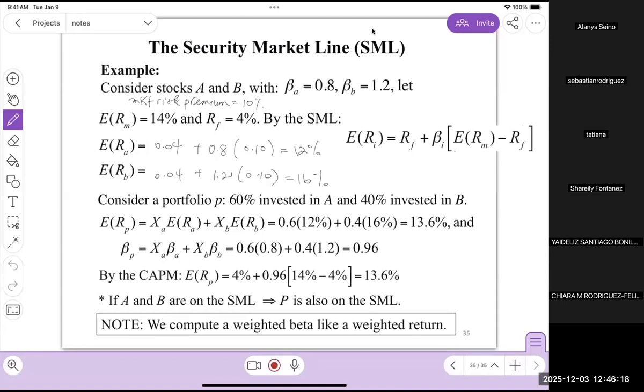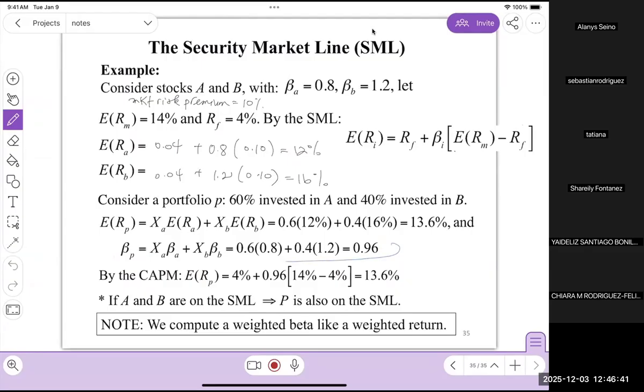Also, it's important to note that you could have used the line itself, just like you did here, to map risk to return. I could get the weighted beta, 0.96, and plug it into the capital asset pricing model.